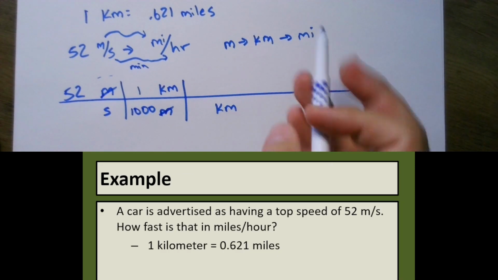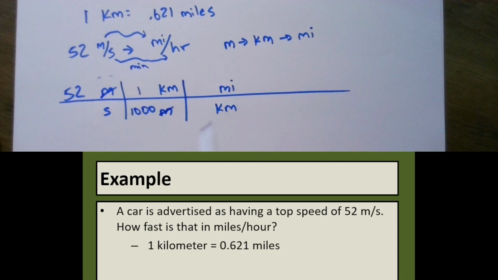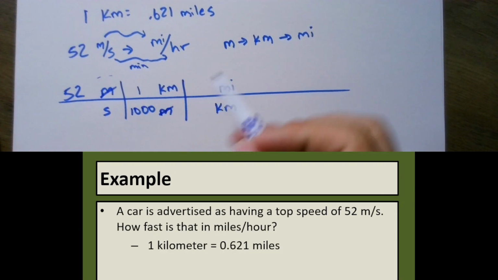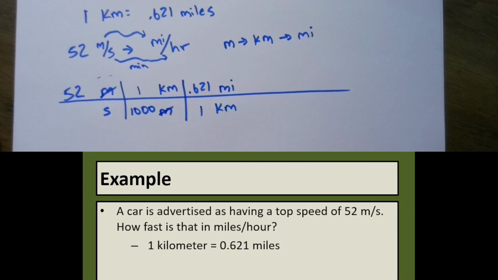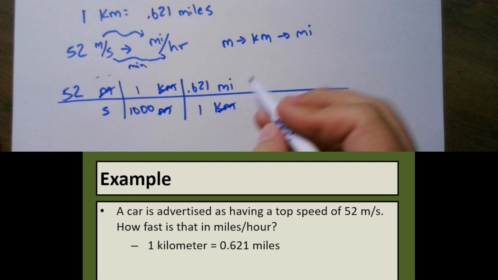I'm looking for miles, so I put miles on top. And that's where I'm going to use this information. It told me 1 kilometer is 0.621 miles. Just making sure I'm putting the number on the matching part. The whole purpose of having the units here is so that it helps me put the numbers in the right spot, because if I accidentally flip these, I'd get it wrong.